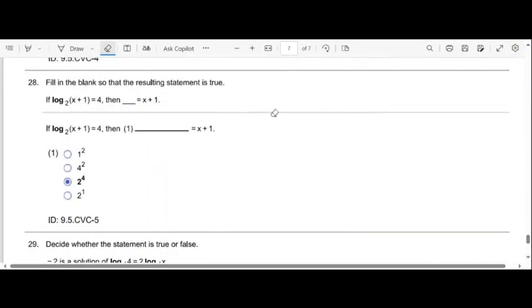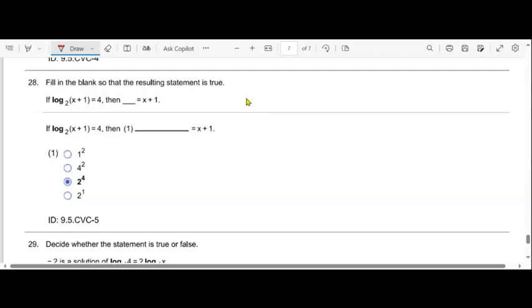Number 28. Fill in the blank so that the resulting statement is true. If log base 2 of (x plus 1) equals 4, then blank equals x plus 1.